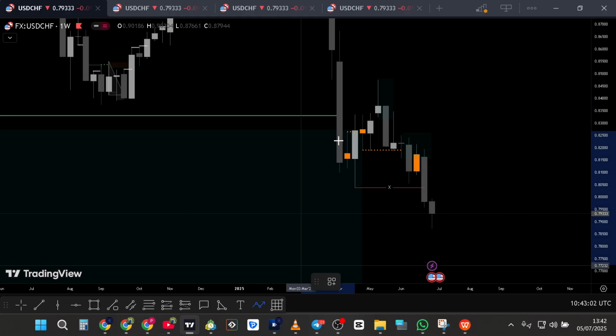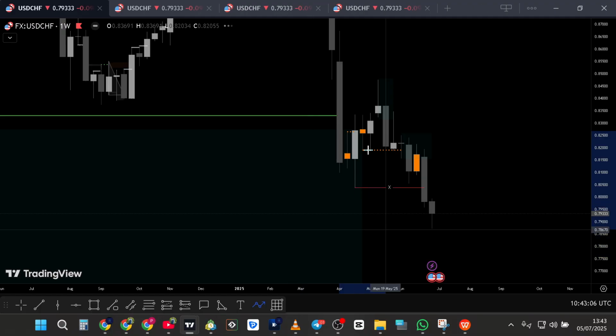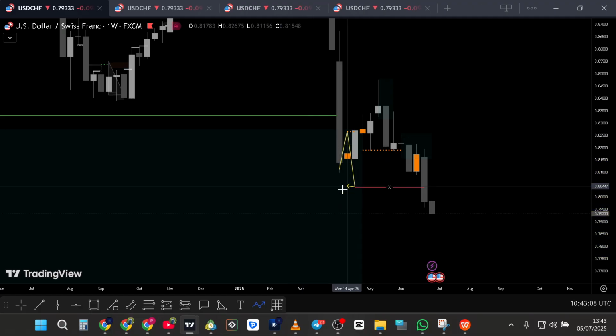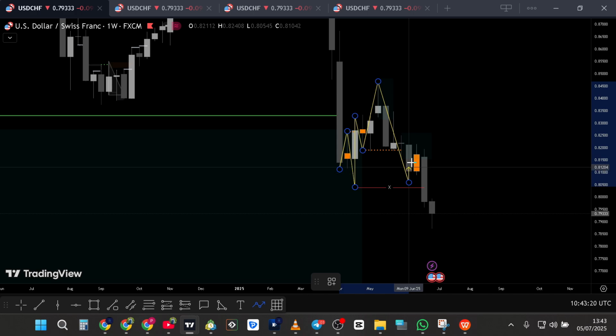I don't know if that will draw. Okay, sorry for that. So the high was turned to a low, and then caused a change of character, and then came down, then came up, came down again to cause a change of character, came up with this pullback to create more liquidity, and then took them out.